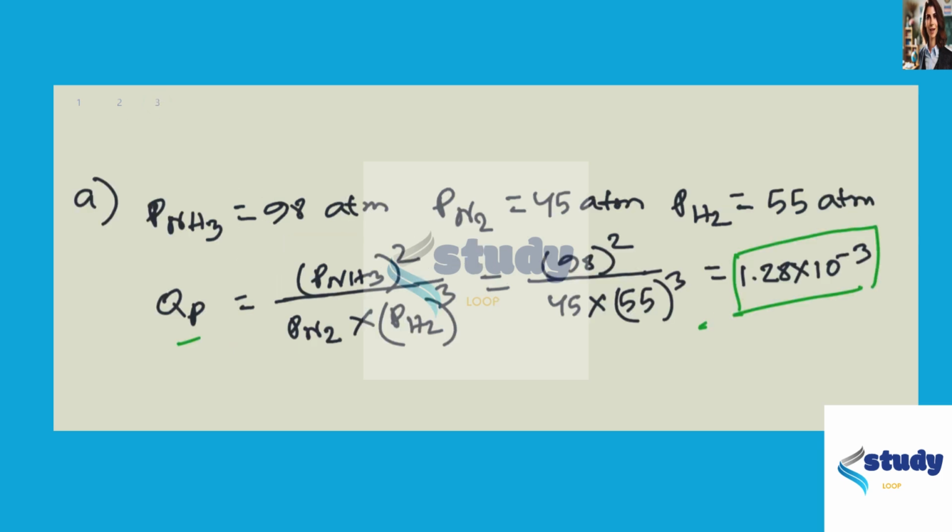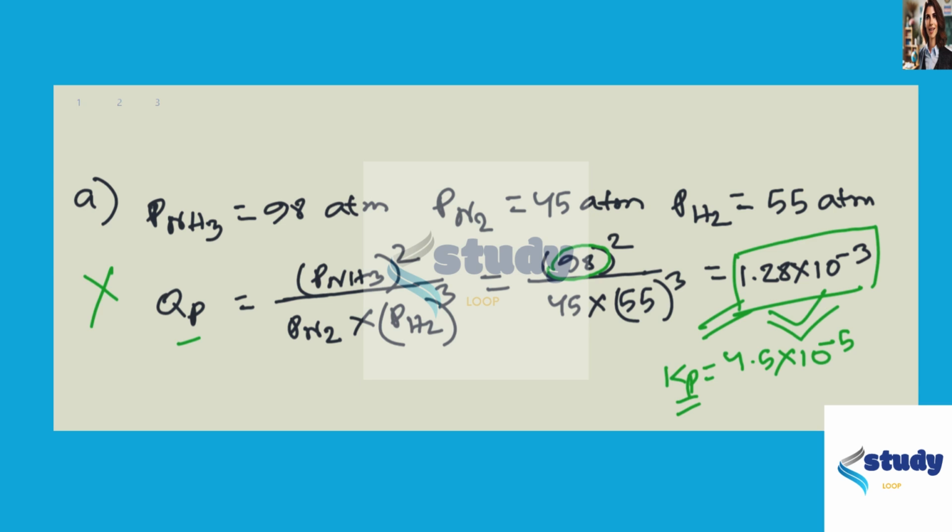Since this value is different, this mixture is not at equilibrium. We can see that this value is greater than Kp, which is 4.5 times 10 to the power minus 5. That means the reaction mixture has a greater amount of product than needed to reach equilibrium.